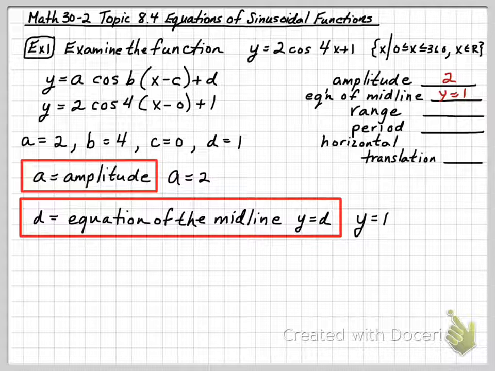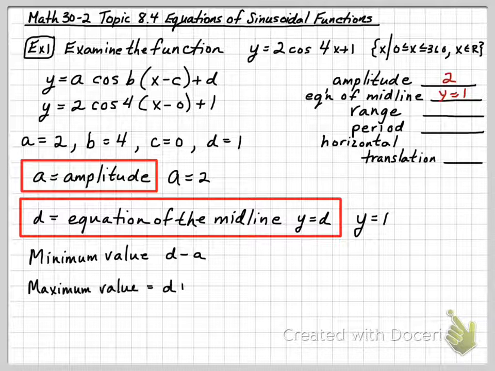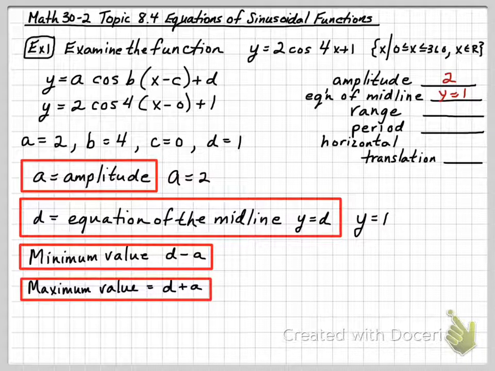That tells me what my range is going to be, because my maximum is going to be d plus a, or my midline plus my amplitude, and my minimum is going to be d minus a, or my midline minus my amplitude. So the graph's going to go from -1 to 3. We say the range is y is less than or equal to 3, but greater than or equal to -1.